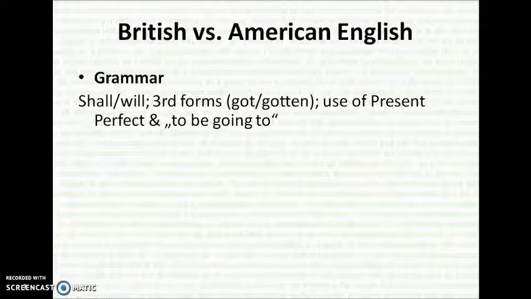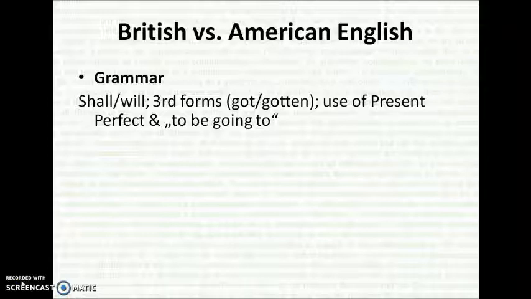Another difference is in the past tense, most specifically in the third forms of verbs, so in past participle. In some cases, the irregularity of verbs differs, and some verbs that are irregular in British English are regular in American and vice versa.